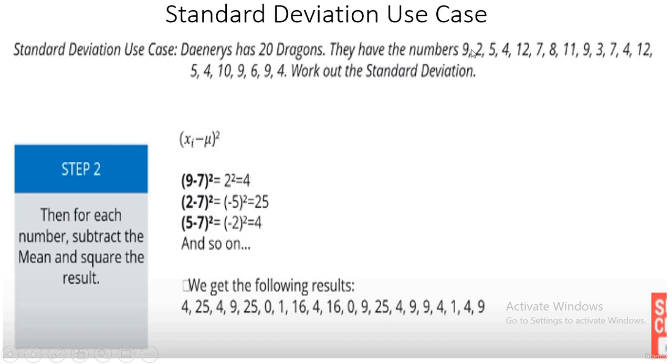Similarly, for the second, 2 minus 7, where 7 is the mean value, whole squared, that is minus 5 whole squared, equal to 25. Similarly 4 and so on. So in step 2 we are subtracting the mean from each number and squaring the result, and we got this.